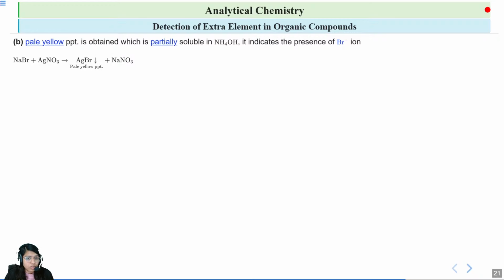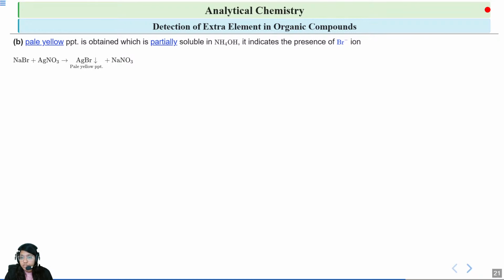So, first the Br which is present in the organic compound will react with the sodium metal to form NaBr, NaX, that is sodium bromide. And this will react with silver nitrate, AgNO3, to form a pale yellow precipitate of silver bromide, AgBr, and along with it sodium nitrate, NaNO3, is also formed.